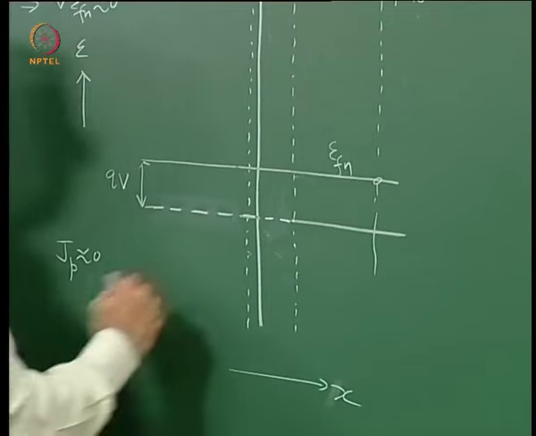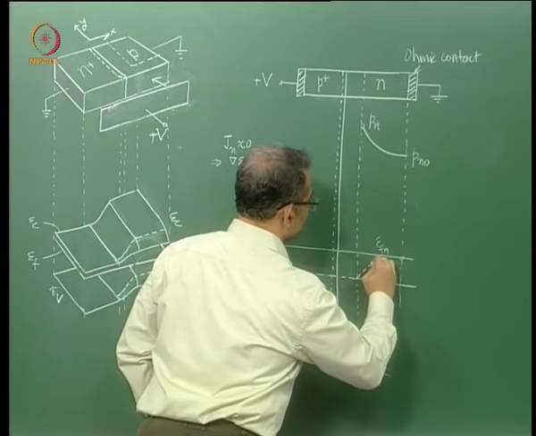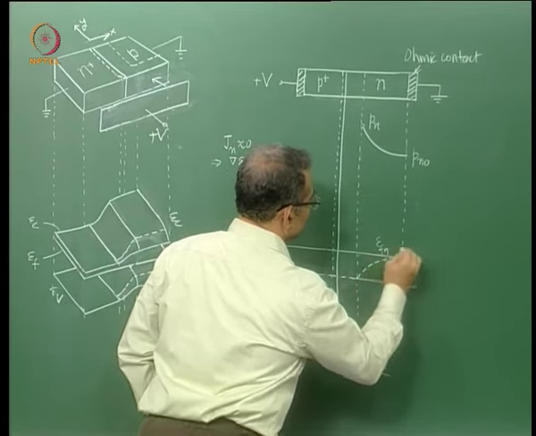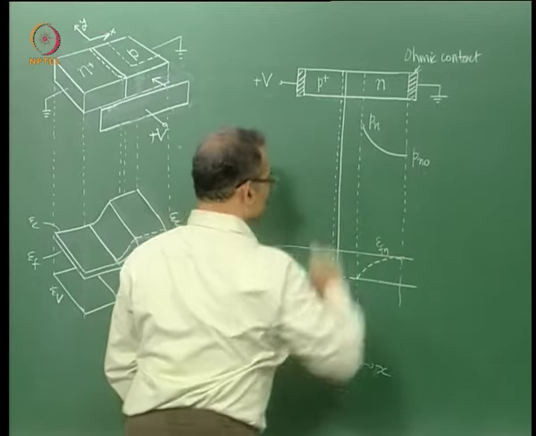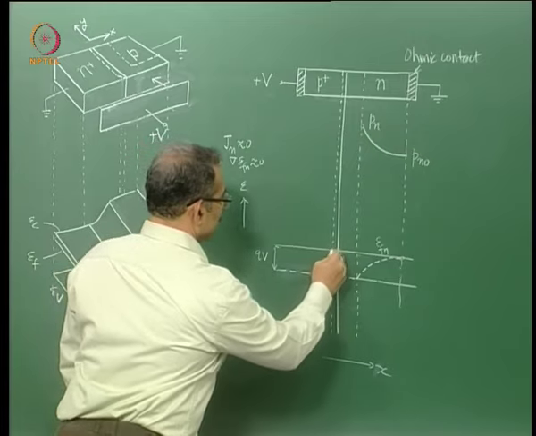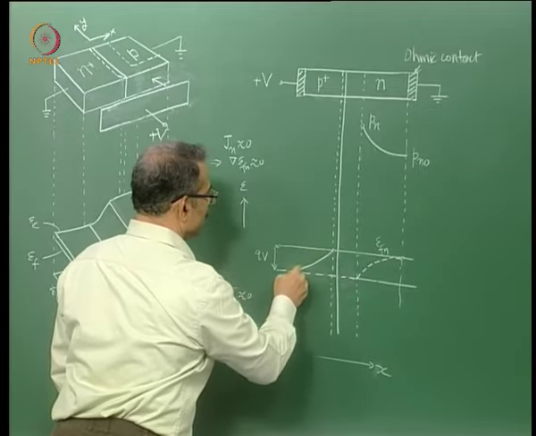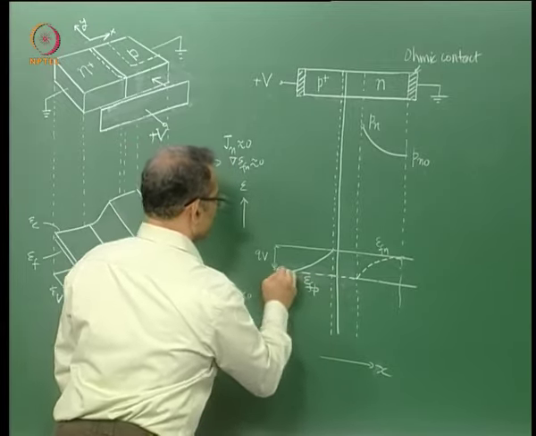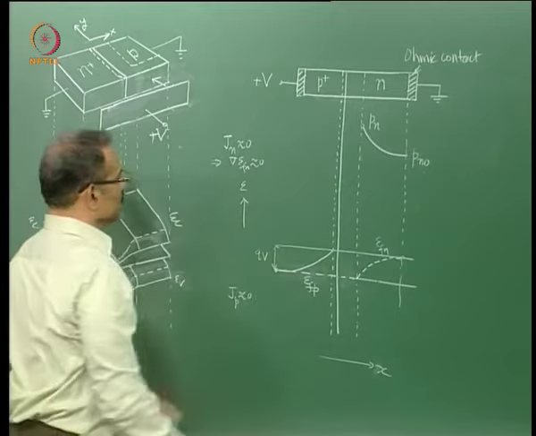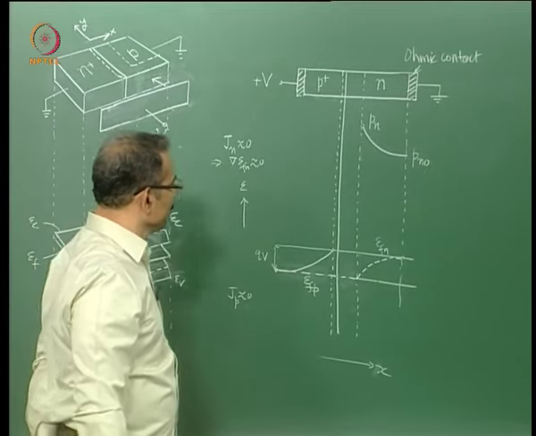Now beyond that the quasi Fermi level for holes will rise and merge with EFN at this contact because equilibrium conditions have to be there at ohmic contact, and same thing we can say about EFN, it will fall and then merge with the EFP at this point because there should be equilibrium because this contact is ohmic.